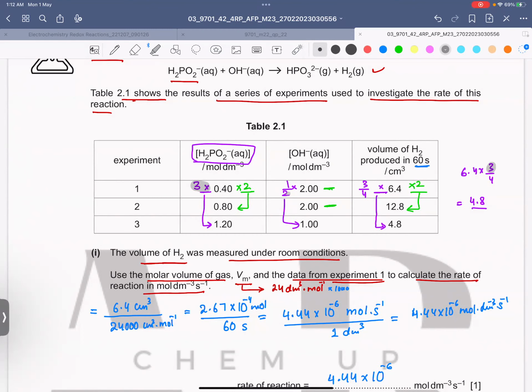Here the concentration is changed by half, due to this the rate is actually changed by 1/4, which is indicating that the hydroxide ion order is second, because its concentration is decreased by half, but the rate is decreased by 1/4. Is this understandable? Yes, sir.